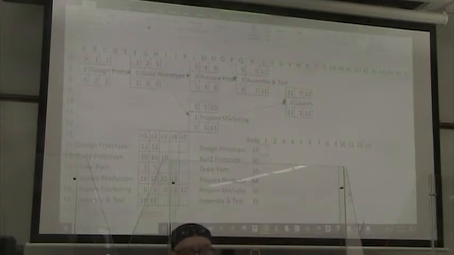Well, we know that designing the prototype happens in week 1 and week 2, no matter what. All right, so we can go ahead and say equals G14 equals G15. Oh, what happened? Equals, oh, okay, I went the wrong direction. What a mistake on my part.